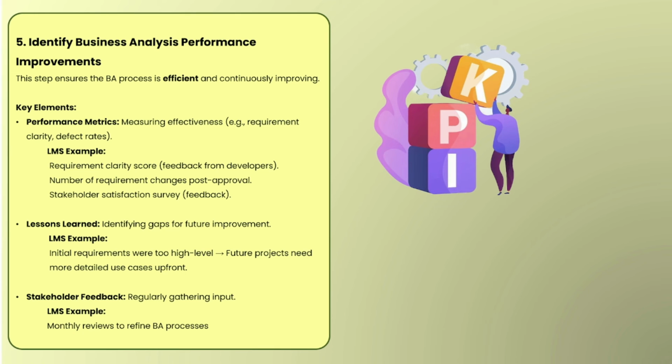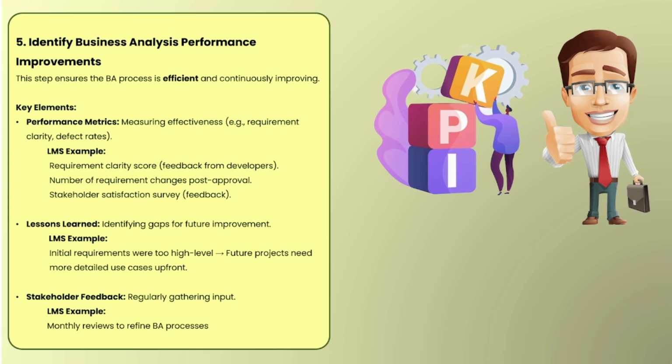Now, the next key element of this task is lessons learned. It is identifying gaps for future improvement. It's like looking back and asking what we could have done better so we can avoid the same mistake. In the loan management system example, the initial requirements were too high level.